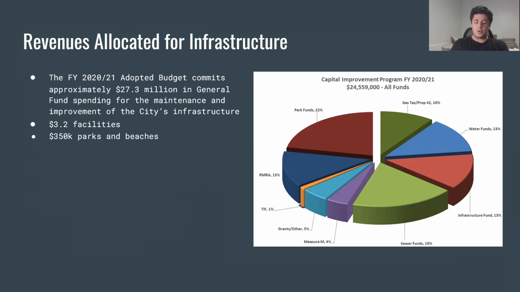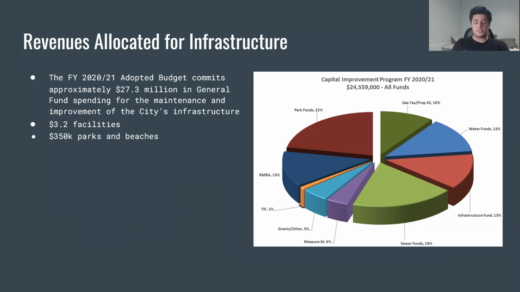Of this amount, $1.97 million is dedicated to facility enhancements, $300,000 for residential alley rehabilitation, $420,000 goes to street and road improvement, and $205,000 goes to pump station roof replacement.